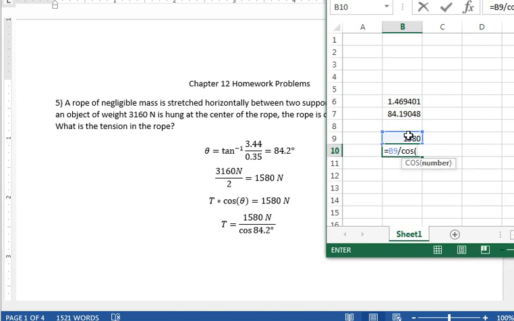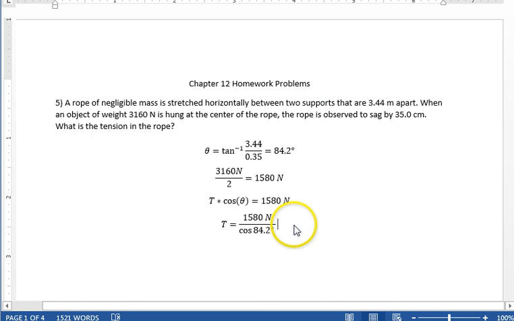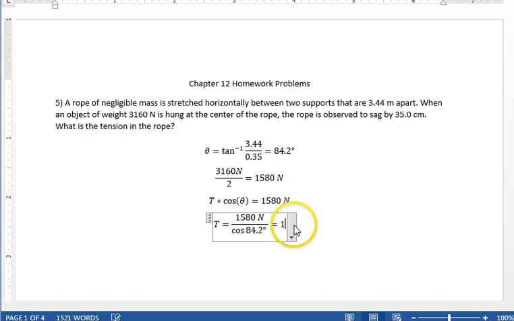By the cosine of, okay, so 15609 or 15610 newtons. Okay, and that's it for problem 5.